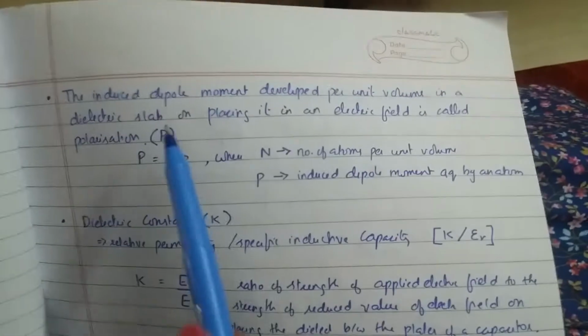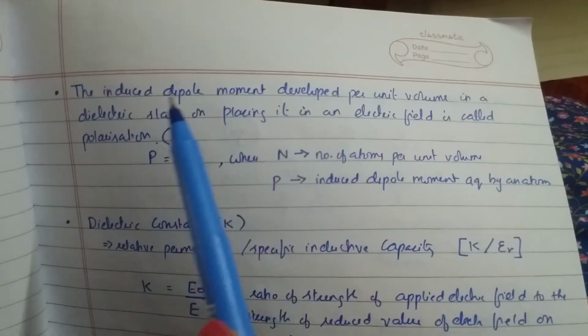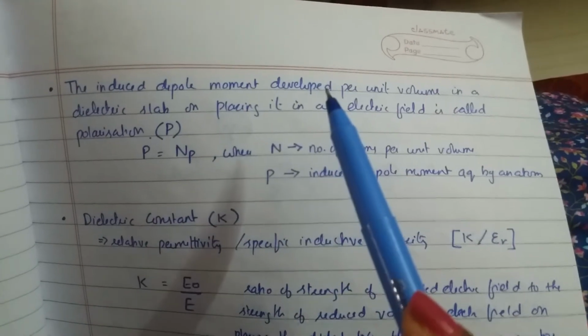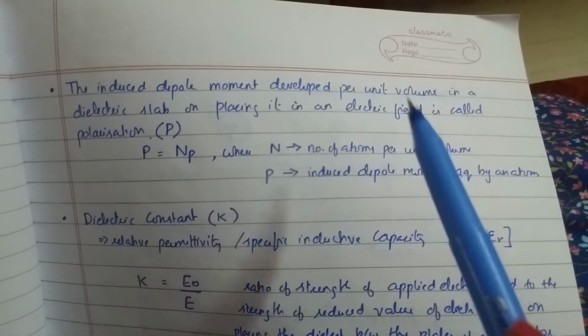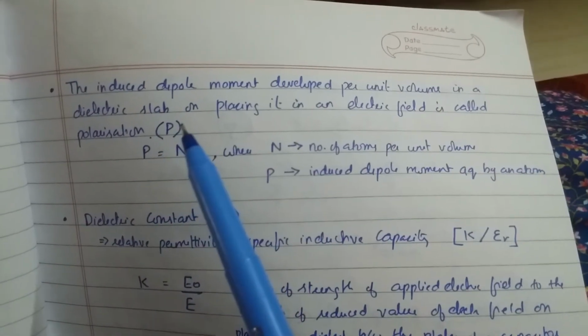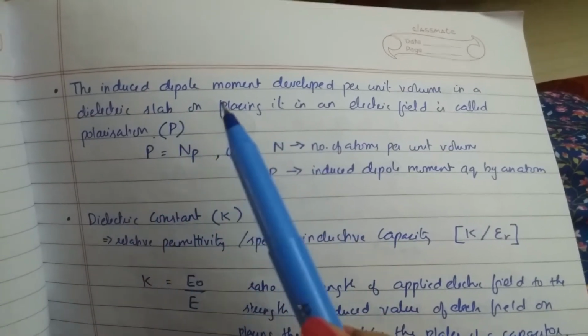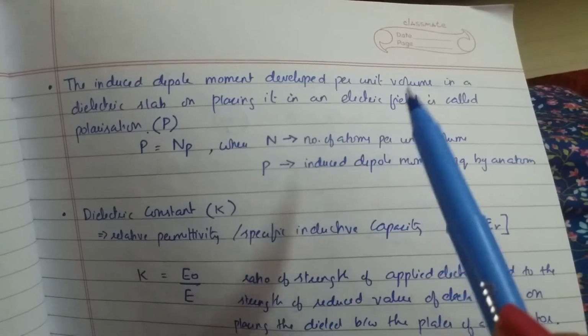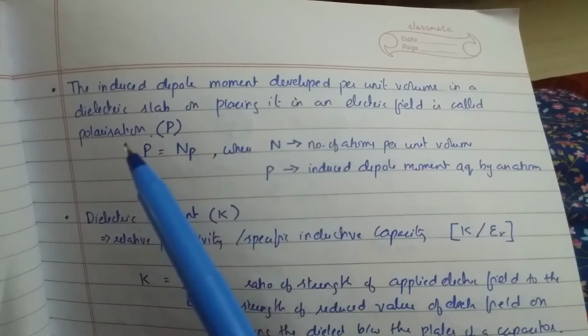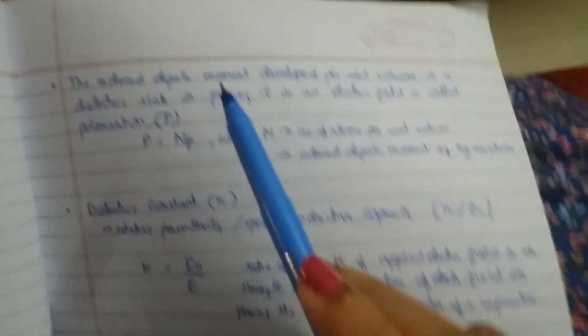So let's say it again. The induced dipole moment developed per unit volume in a dielectric slab on placing it in an electric field is called polarization.